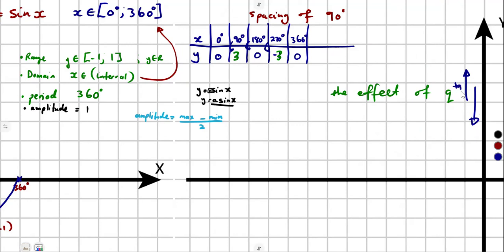Positive Q, that is going up, and negative Q when it is going down. So meaning to say, on the graph that you are given, if you are given a graph of the sine of x, then there is the effect of Q. We can have this maybe sine of x, then we're going to subtract 3. We can have maybe the sine of x, then we're going to add a 2.